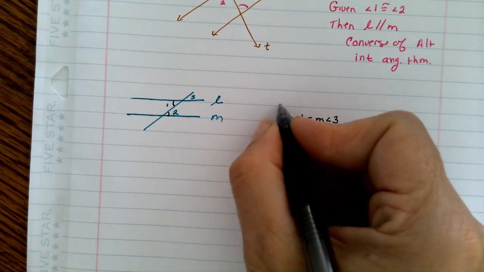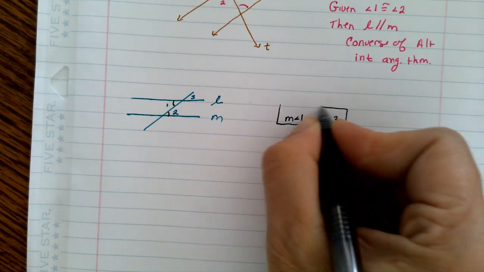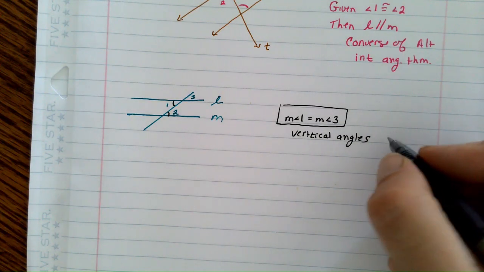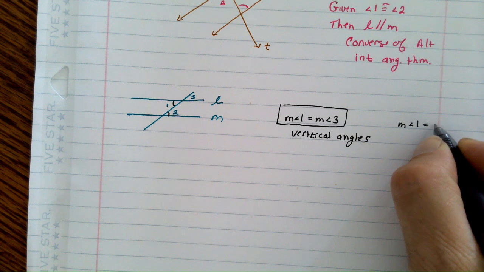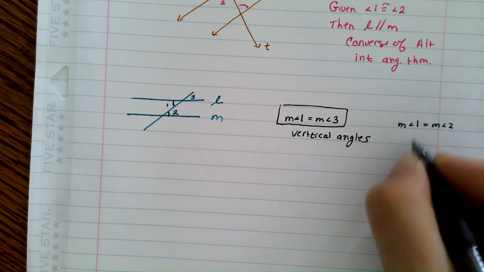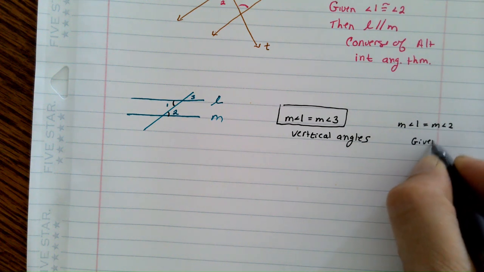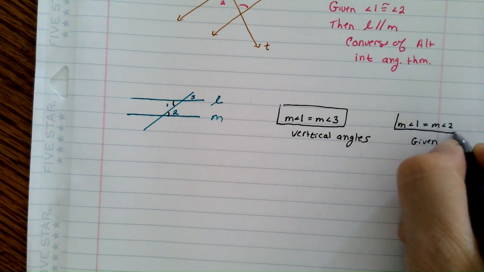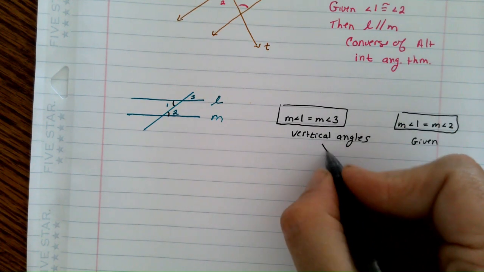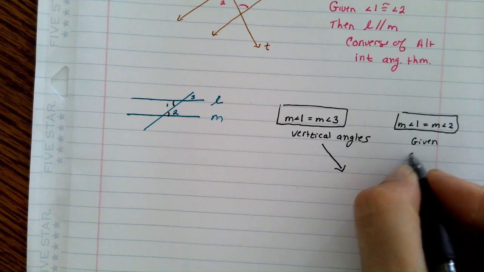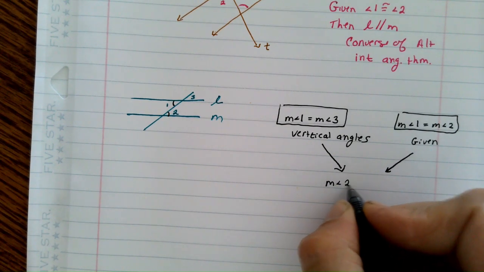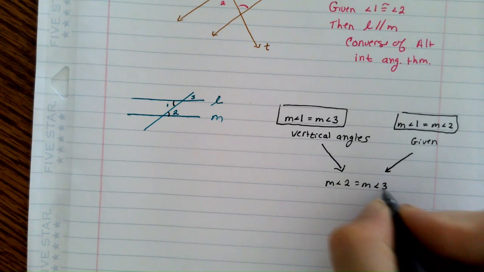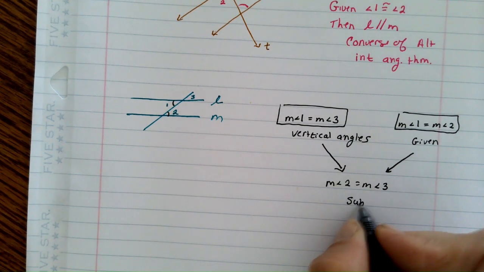And you'll see that in a box. We also know that it was given that the measure of angle 1 is equal to the measure of angle 2 because it was given to us in the image. That's what that arc means. So we could put these boxes together and say that the measure of angle 2 is equal to the measure of angle 3, and that would be by substitution.